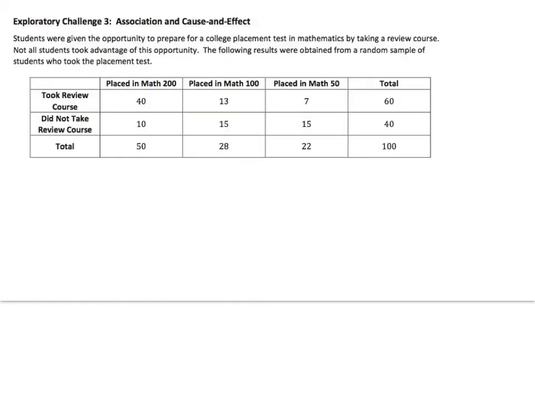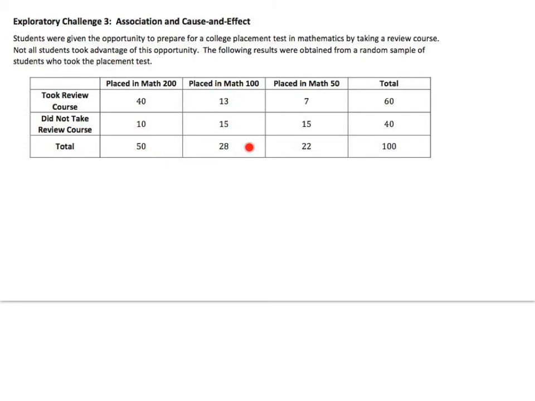All right, exploratory challenge number 3. Students were given the opportunity to prepare for a college placement test in mathematics by taking a review course. Not all students took advantage of this opportunity. The following results were obtained from a random sample of students who took the placement test. So if you look, I've got took the review course, did not take the review course, placed in Math 200.